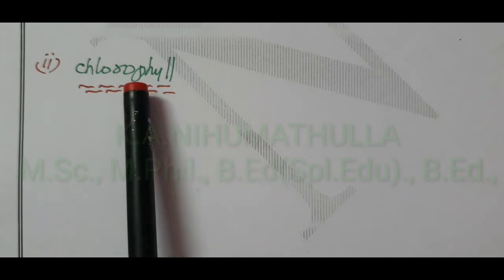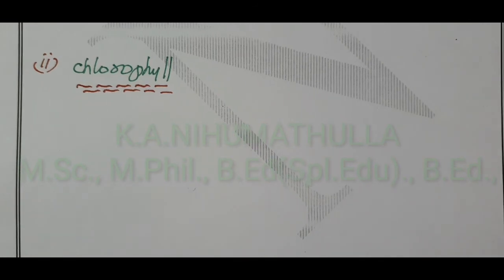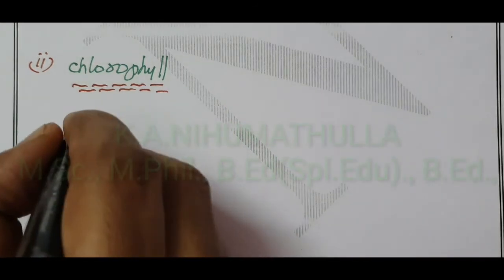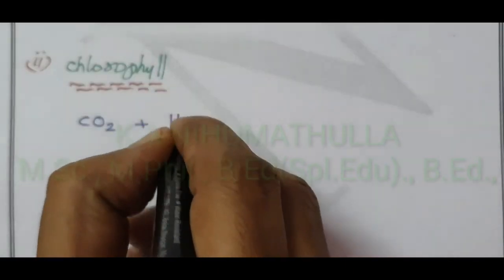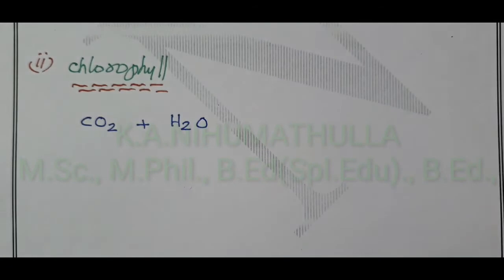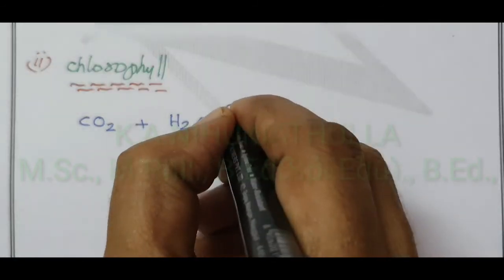We know what the use of chlorophyll is. Plants prepare their own food by absorbing carbon dioxide from the atmosphere and water from the roots of the plant, in the presence of chlorophyll.